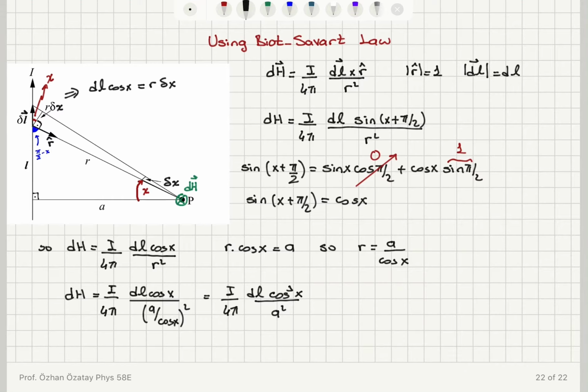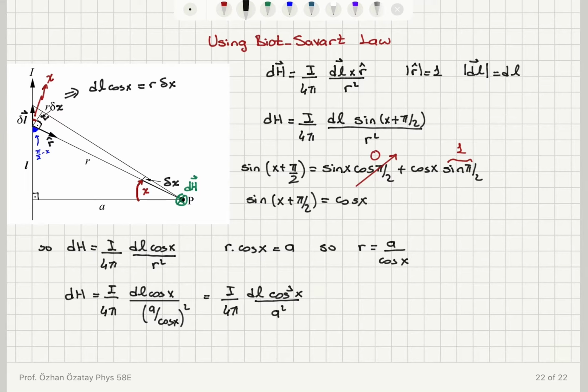So when you make this small angular displacement, we assume that the angle here is also approximately 90 degrees. So it's a very small angular displacement. So with that we will have delta L cosine x equal to r times delta x.